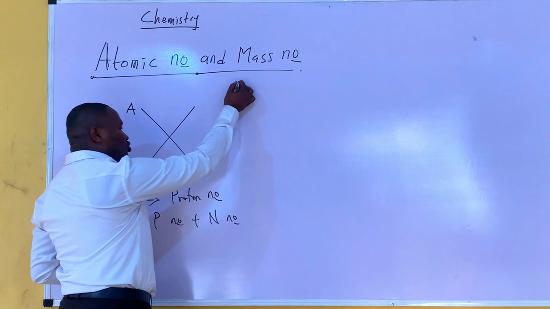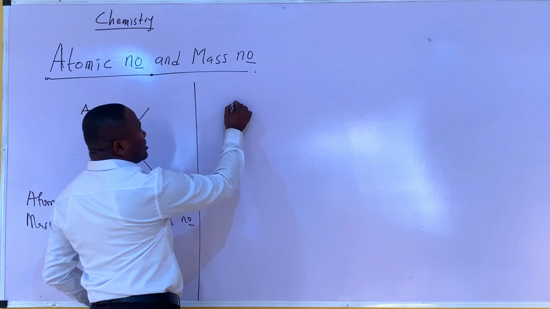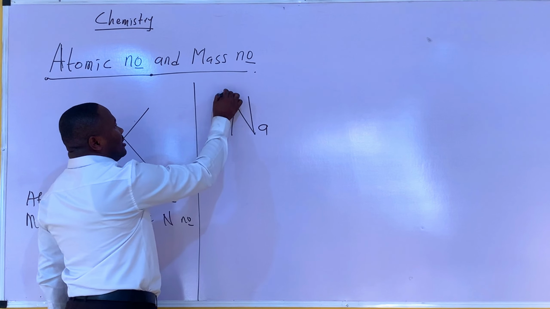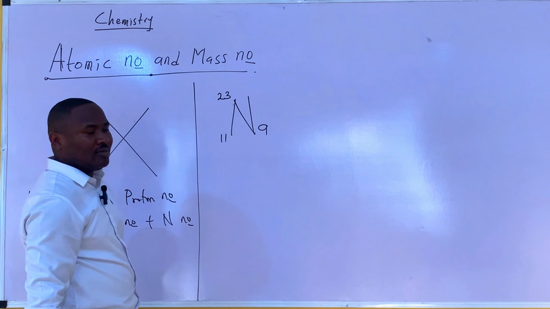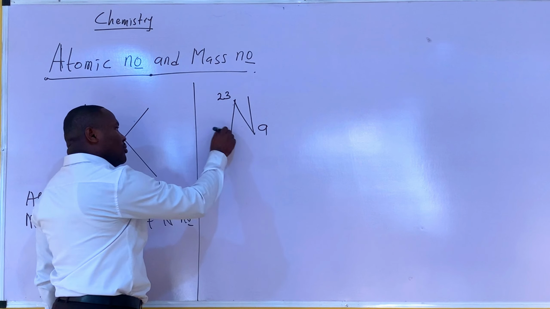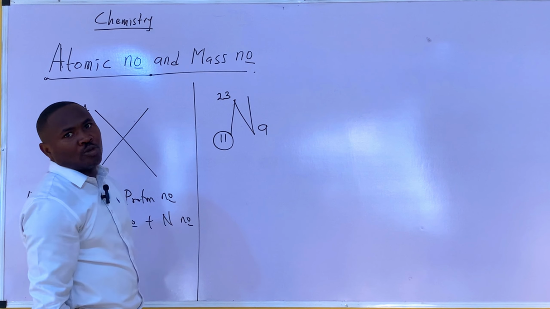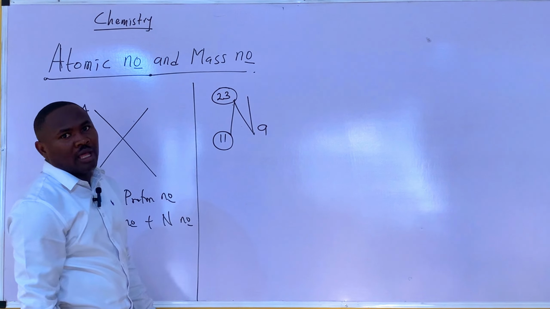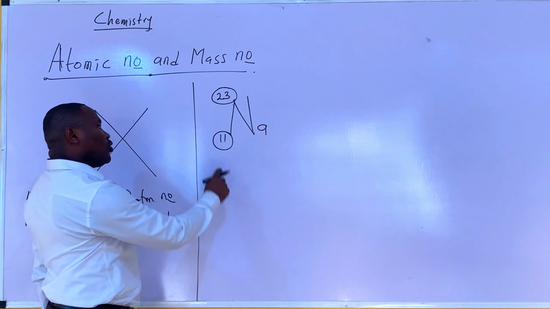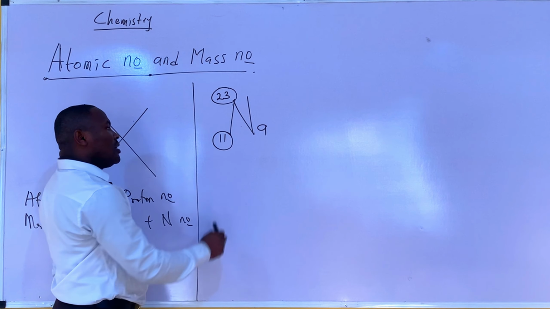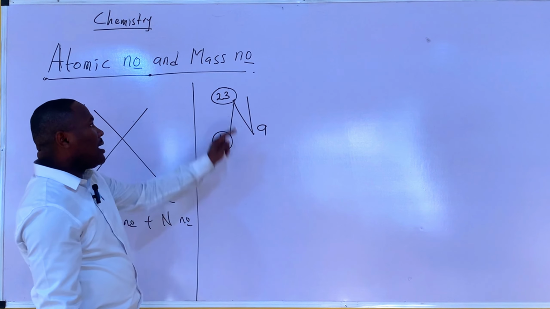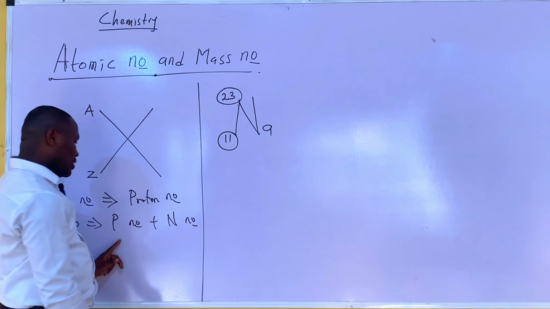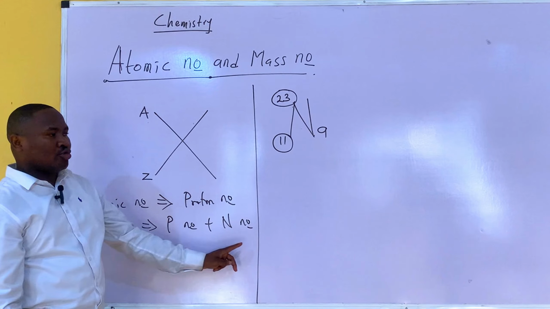Now, if we assume an element, for instance sodium, to be Na with atomic number 11 and mass number 23, this is the atomic number of the atom sodium, while this is the mass number. So the number of proton is 11, while the mass number is 23. Remember, the mass number is a sum of proton plus neutron.